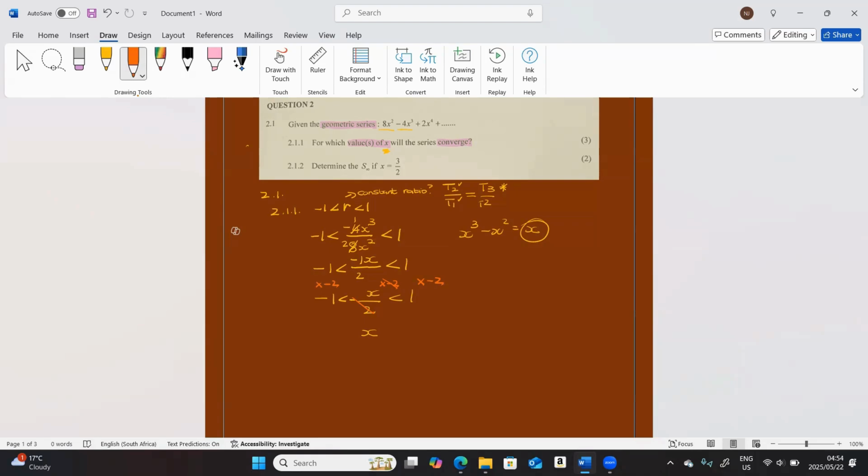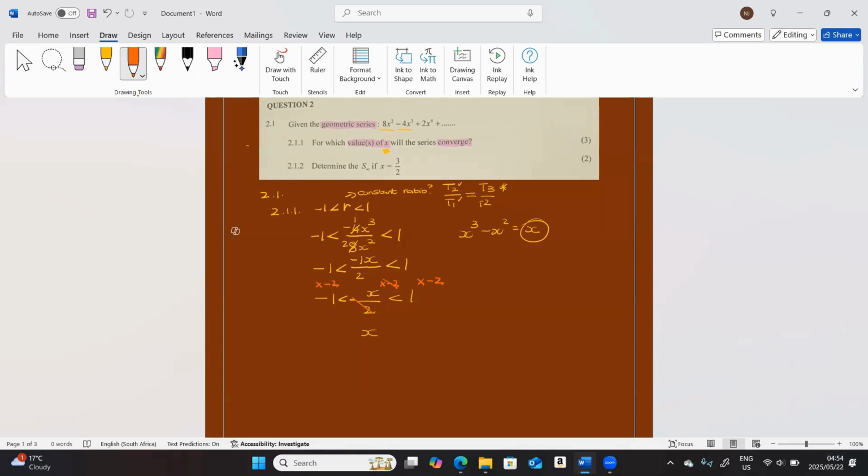But now you have to remember, I just want to show you something. Let's talk about this principle first. Because we are multiplying with a negative number, our inequalities will swap around to the opposite side of what it is.